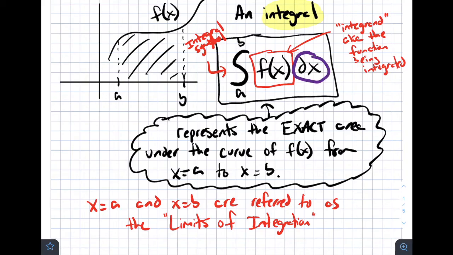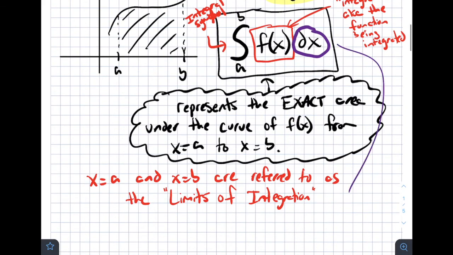This is very similar to what we might remember back when we were doing derivatives, that we've got dy dx. For dy dx, we're taking the derivative of the function y with respect to the variable x. In this context, this dx functions the same way.